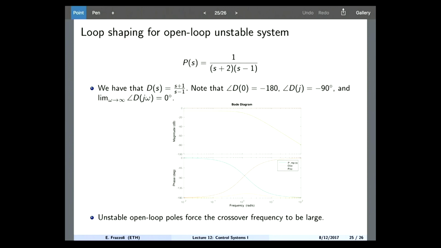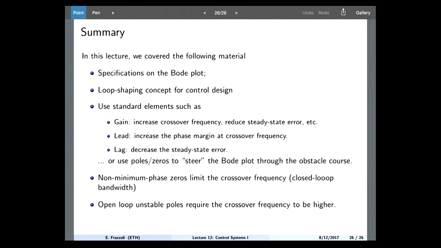But that's where things get interesting, okay? So, let's summarize what we did today. We revisited how we write the specifications on the Bode plot, and then we introduced this idea of loop shaping for control design, a technique that you use very well on the Bode plot, okay?